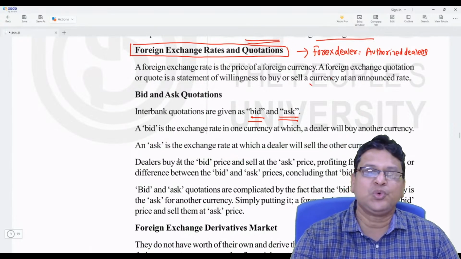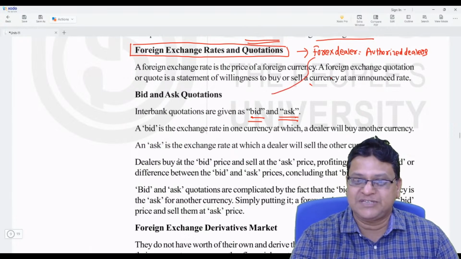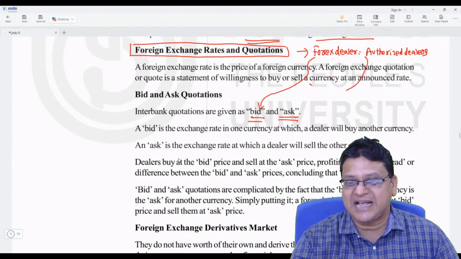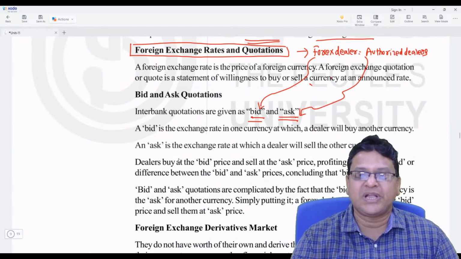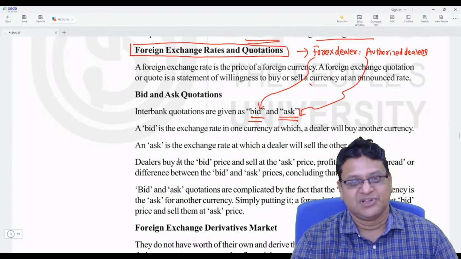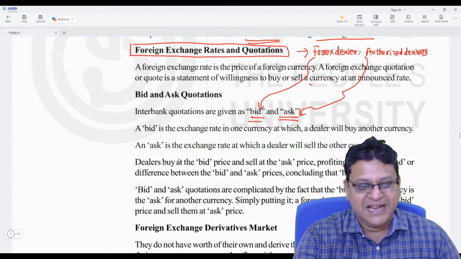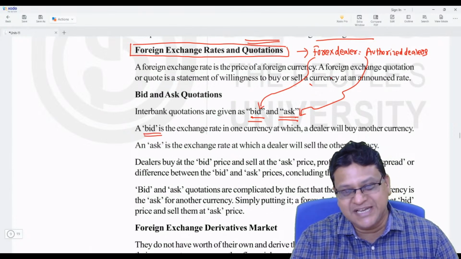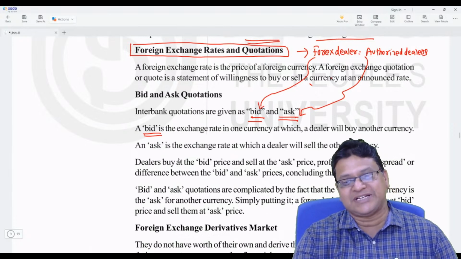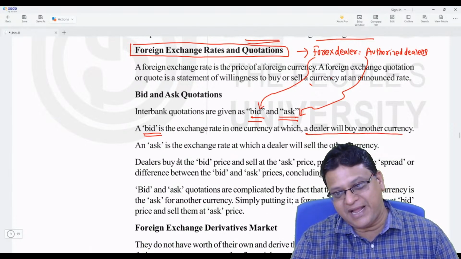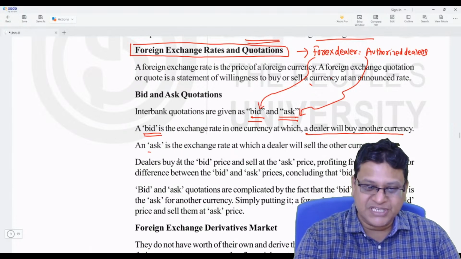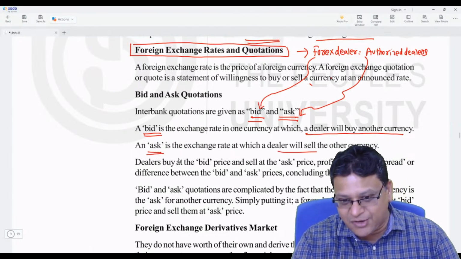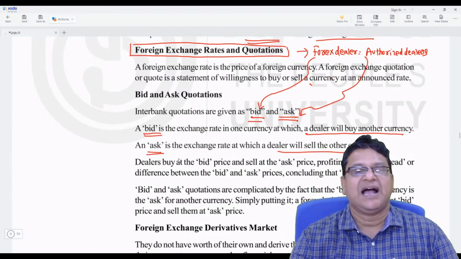They quote two types of rates. One is bid rate, another is ask rate. The bid rate and ask rate is quoted by forex dealers. What is bid rate? The rate at which a forex dealer will buy the currency, that is bid rate. The rate at which the dealer will sell the currency, that is known as ask rate.